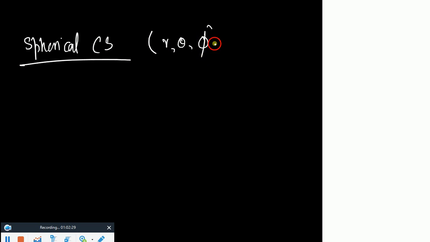Let me write down the spherical coordinate system equation. What are the coordinates? R, theta and phi.